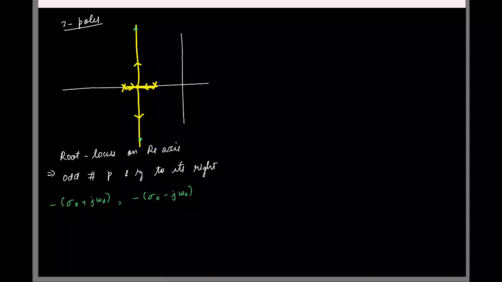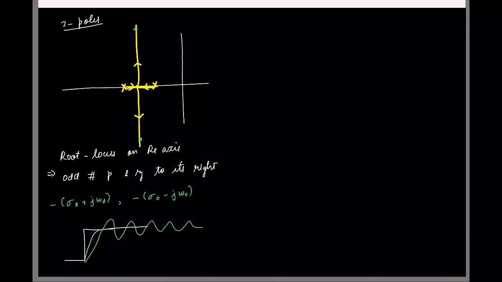So if we apply a step input, ideally you want the system to respond nicely like this. But now we have these complex conjugate poles. So what do you think will happen? If complex conjugate, obviously there should be some sinusoidal thing, so it might do something like this.